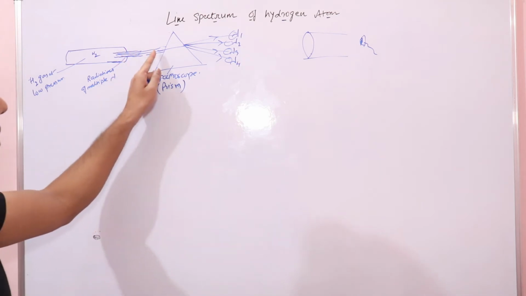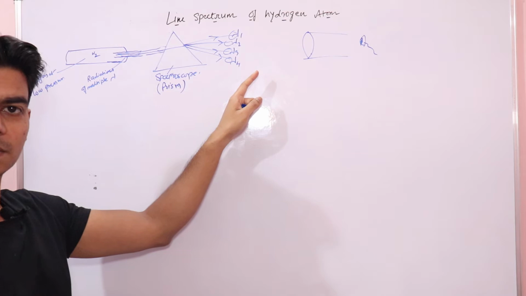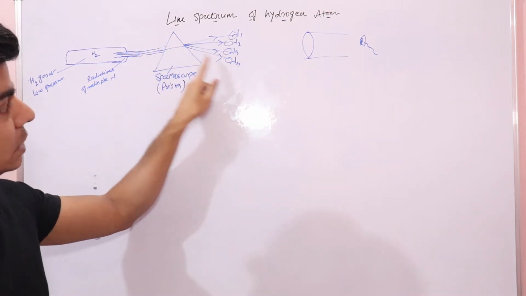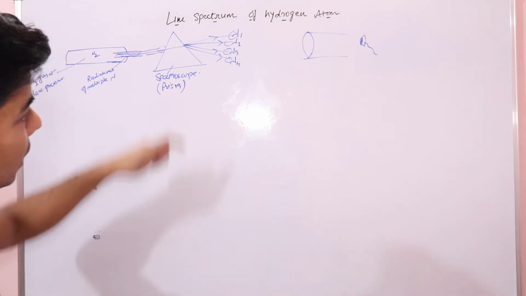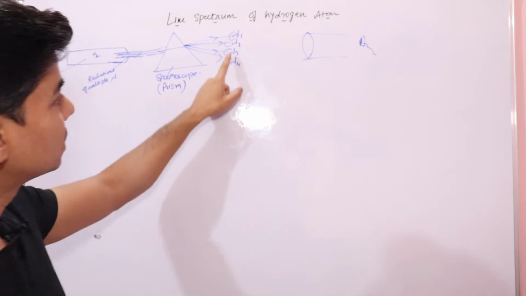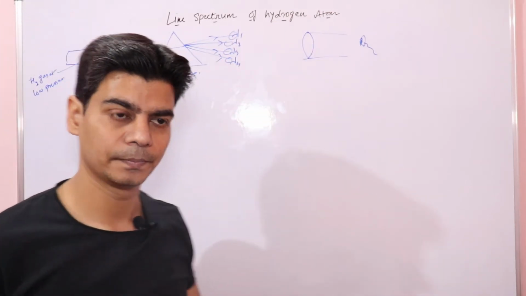Suppose this radiation consists of 4 different radiations of different wavelength, this spectroscope will resolve it into its constituent wavelengths. Now the observer here can observe these resolved radiations through this telescope.